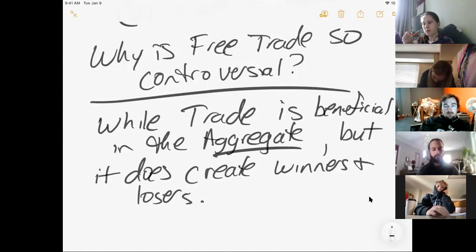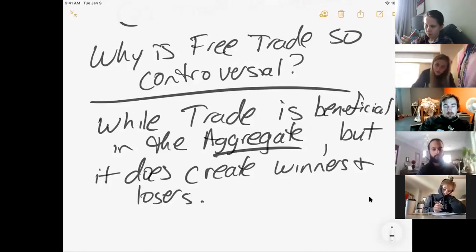So trade overall is beneficial for a society and an economy, but when you look at the individual level, it creates winners and losers.